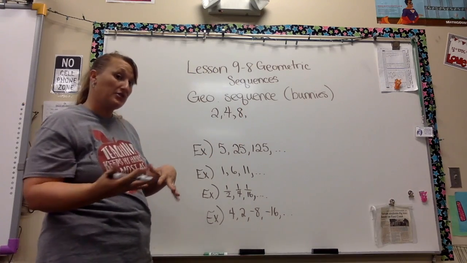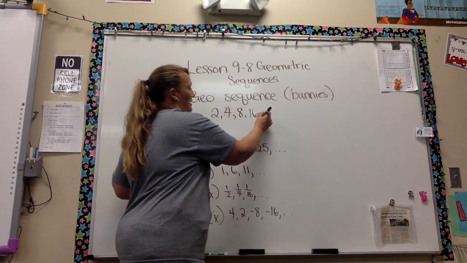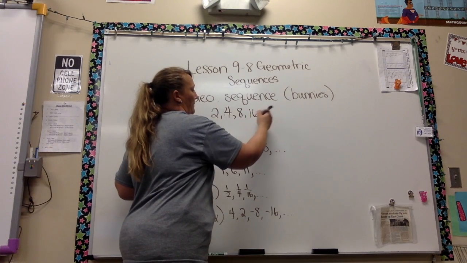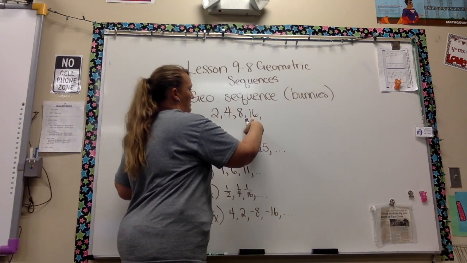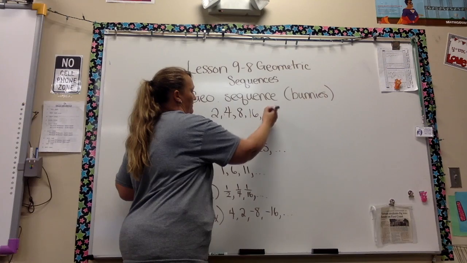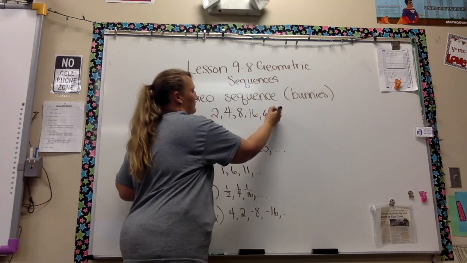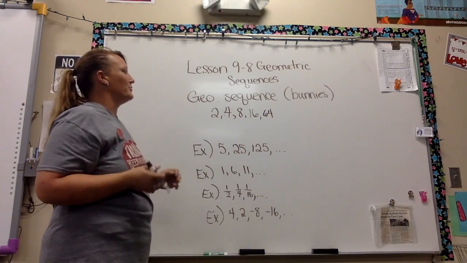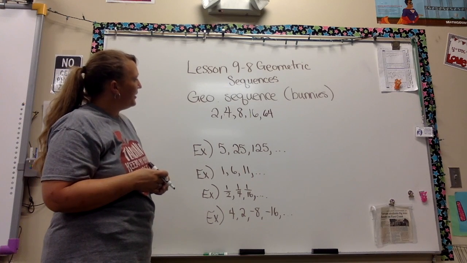And then all of those had 2 rabbits, so you ended up with 16. And you ended up with 64 in the next one.